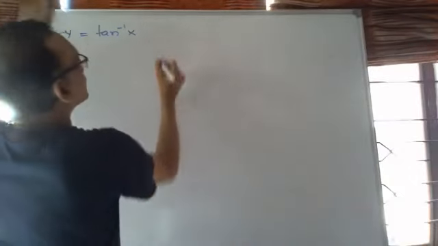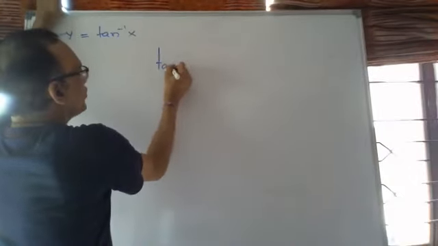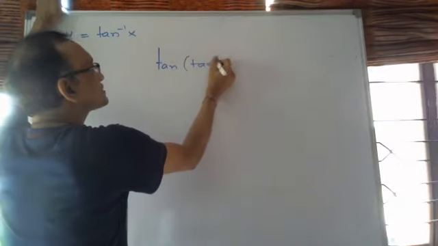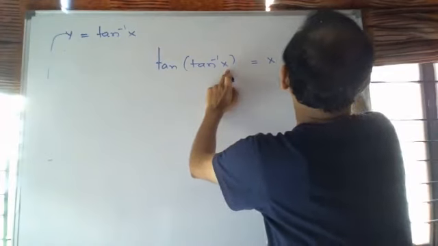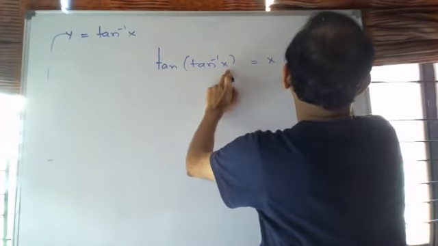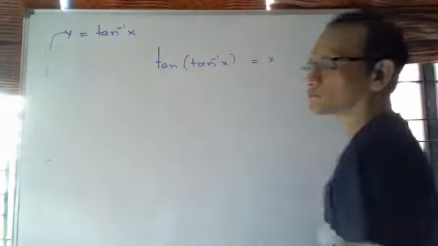Tan of tan inverse x: यहाँ पे तो x is any real number, will always be x, always. इसमें कोई issue नहीं.